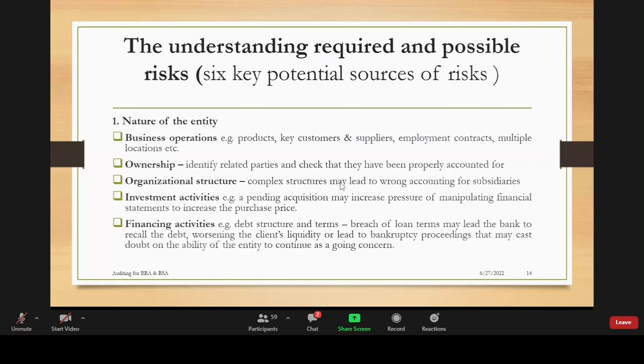Then organizational structure, complex organizational structures can lead to wrong accounting for the subsidiaries. I think you guys have done accounting 3, group accounting, those group structures. Investment activities: for example, there's a process of one company being sold to another.